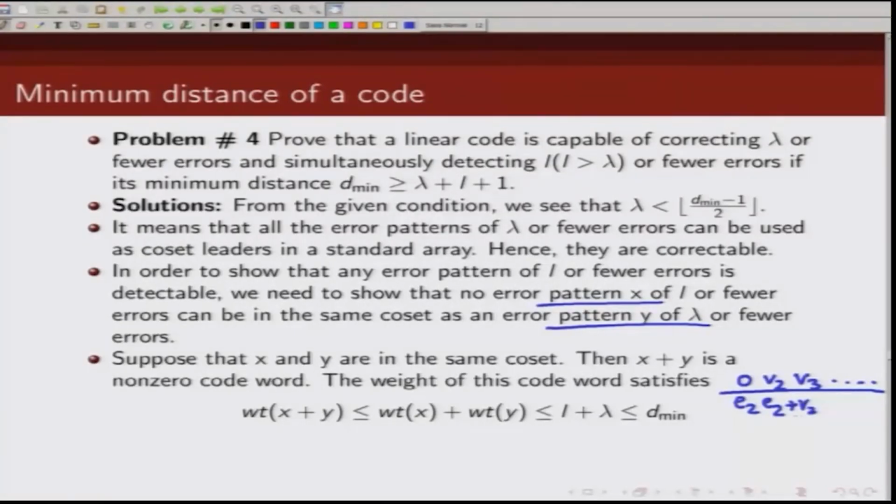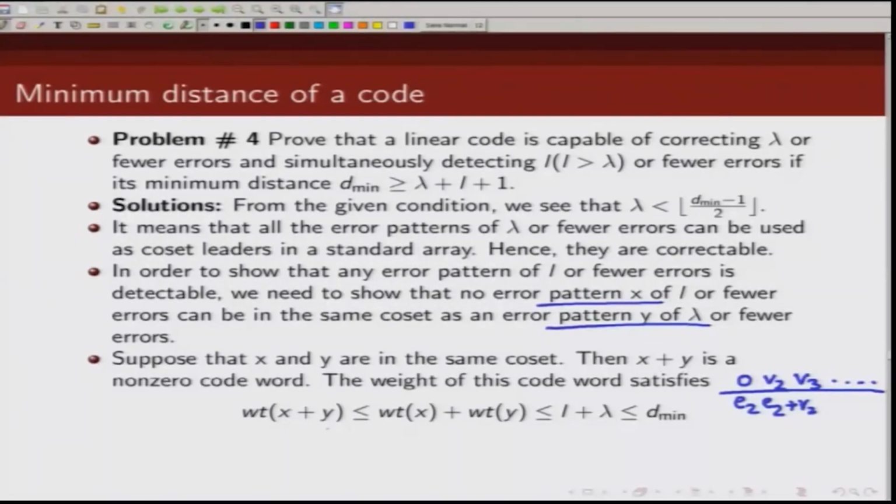And if you add any two elements of a coset or a row, what you will notice is the sum of them is a valid code word. So, if x and y are in the same coset, x plus y must be a non-zero code word. Now, let us look at what is the weight of x plus y.